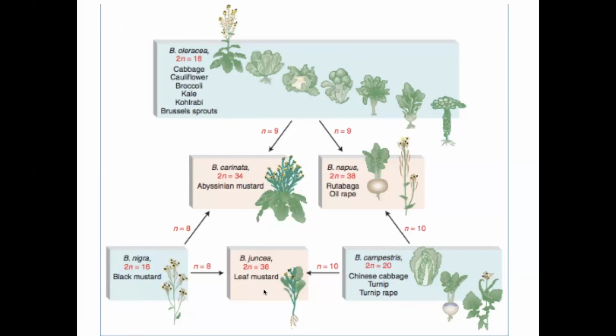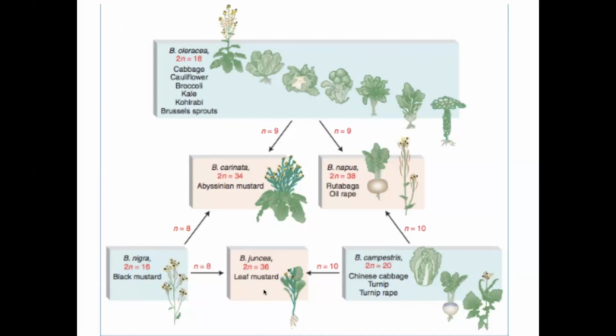And then in a few of those sterile derivatives, there was, again, a random global non-disjunction event that doubled chromosome counts and restored fertility, which then allowed for propagation and reproduction.